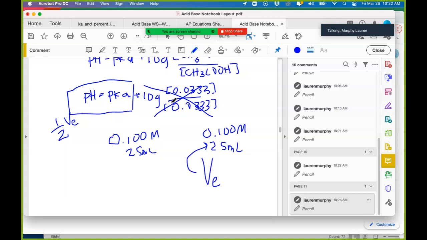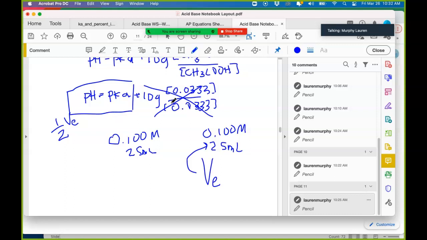So if your equivalence volume is 100, your half equivalence point would be 50, and pH would equal pKa at 50. If your equivalence volume was 10, your half equivalence point would be 5, and pH would equal pKa at a volume of 5, every time.